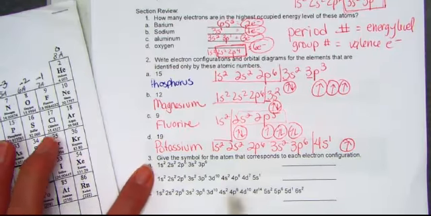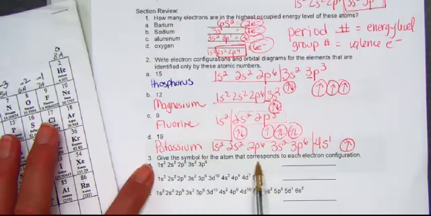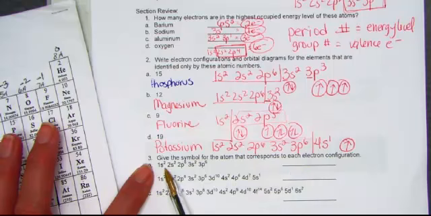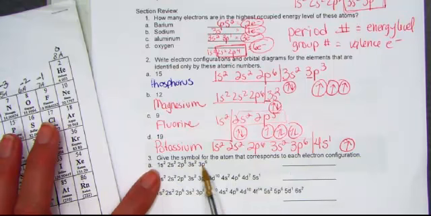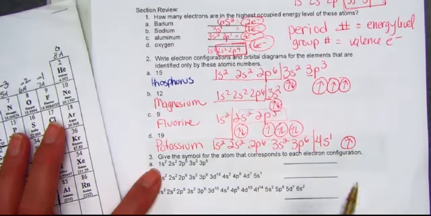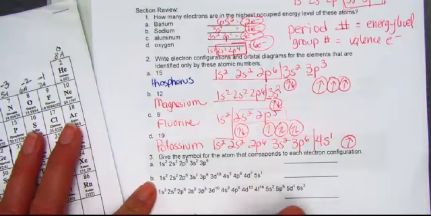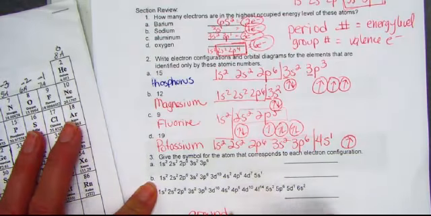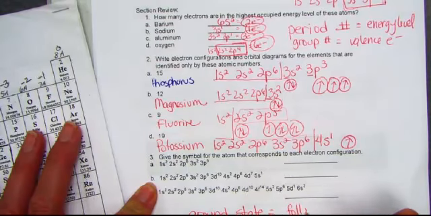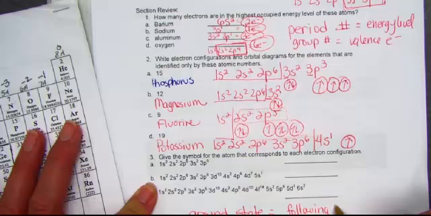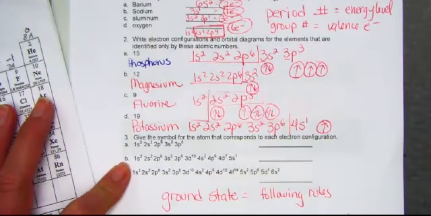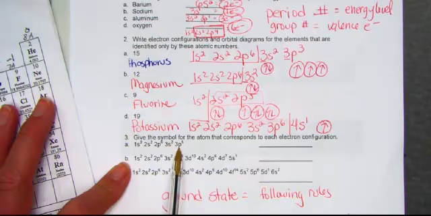Number 3: what element, given by the symbol, corresponds to each of these configurations? What we're looking at is an address of a number of electrons, and we're trying to identify the element. Some of these appear to be ground state configurations, meaning they appear to follow all the rules in their electron arrangement. 1s2, 2s2, 2p6, 3s2, 3p6.